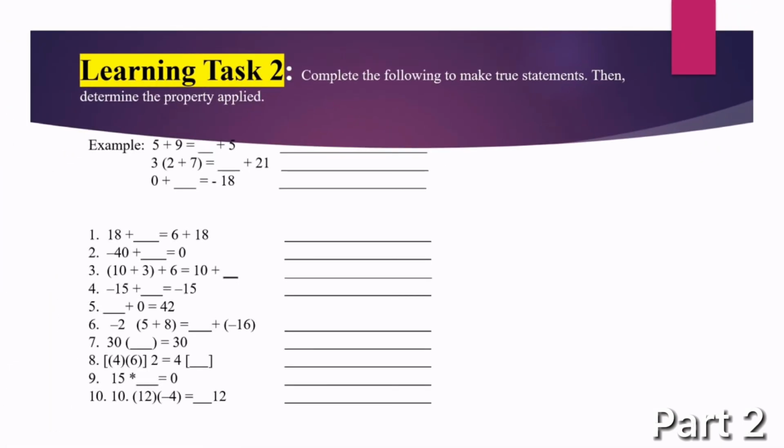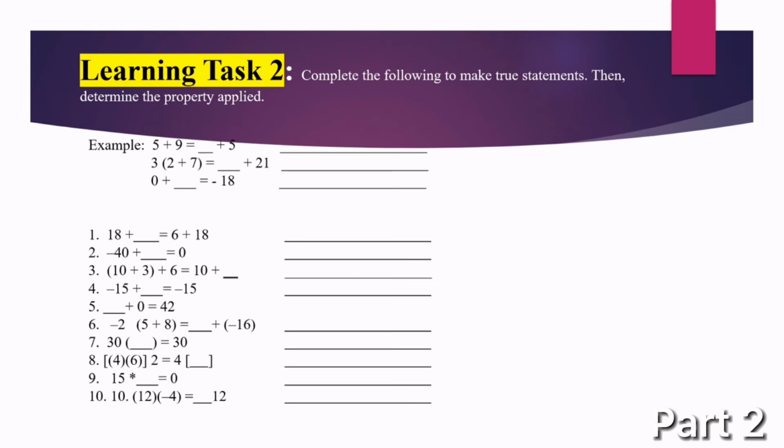For learning task number 2, you're going to complete the following to make a true statement. Then, determine the property applied. So, sasagutan nyo muna yung mga missing number, then sasabihin ninyo kung anong property ang ginamit. For example, 5 plus 9 equals blank plus 5.